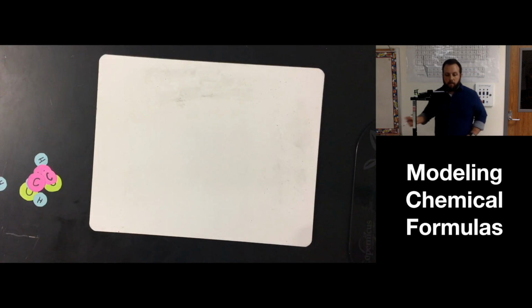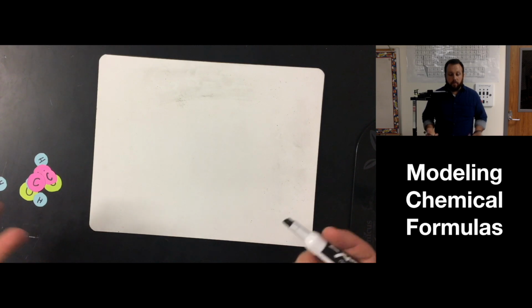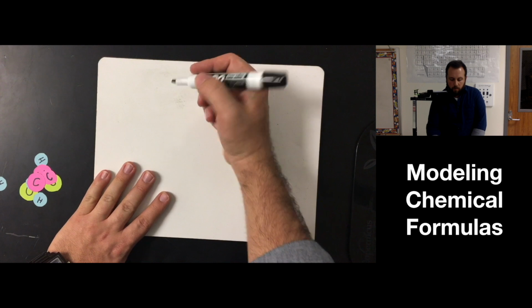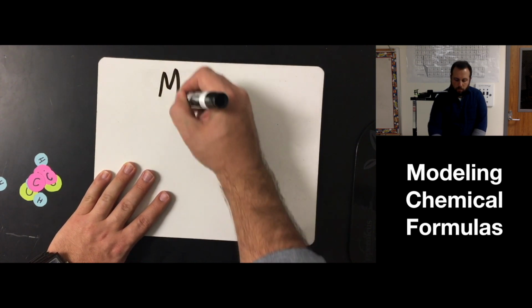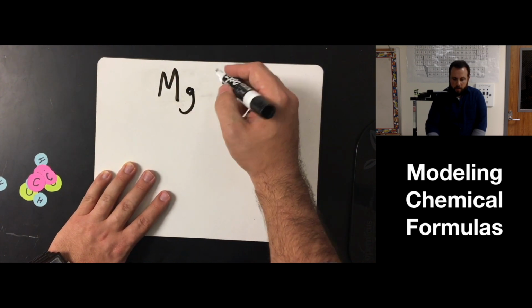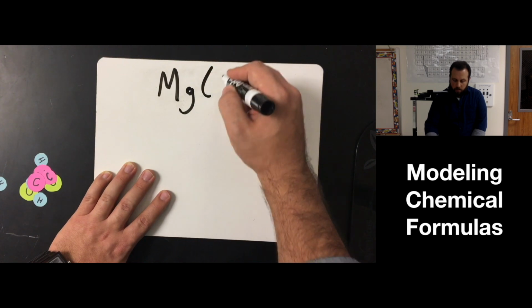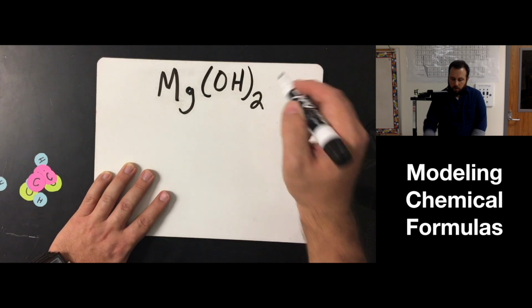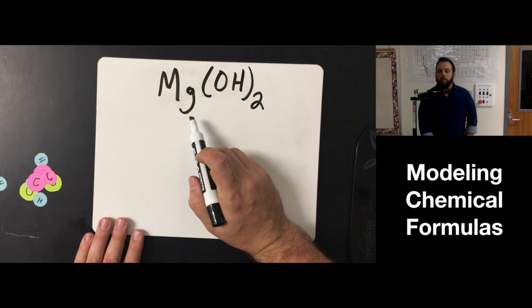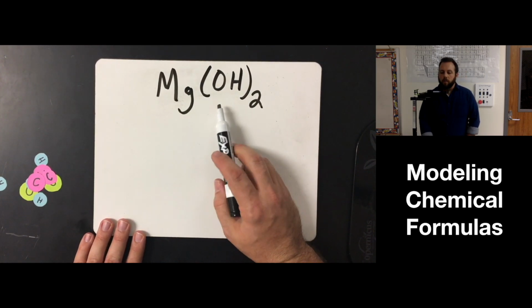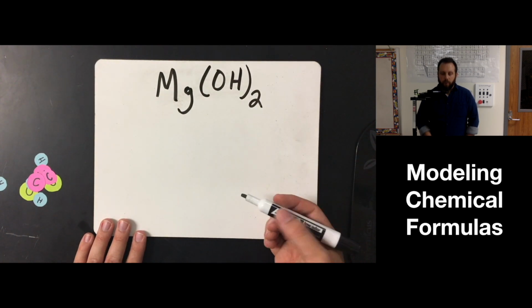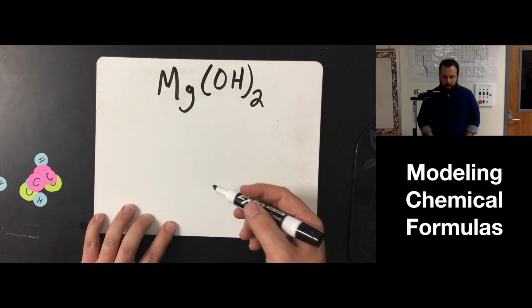Now the next type of model that we could use is actually drawing out the model. So we'll go back to this example here. We've got magnesium, then OH in parentheses with a 2 outside of that.